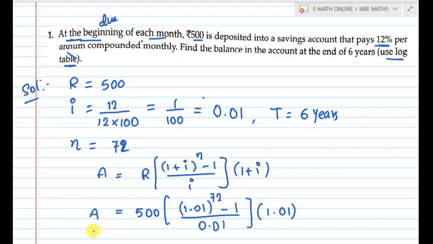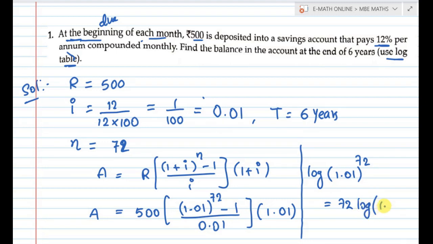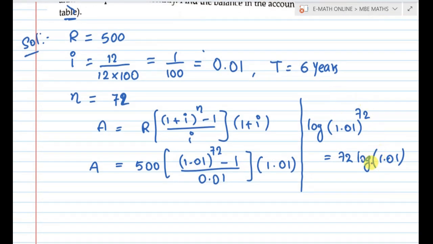Now, first we will calculate this 1.01 power 72 value, using log tables. So log of 1.01 power 72 equals, according to the property of logarithm, 72 times log of 1.01.